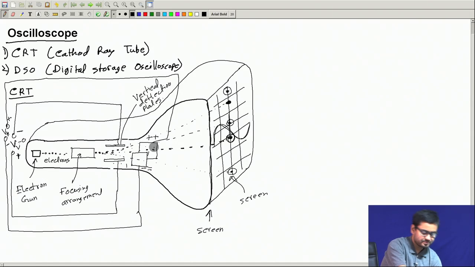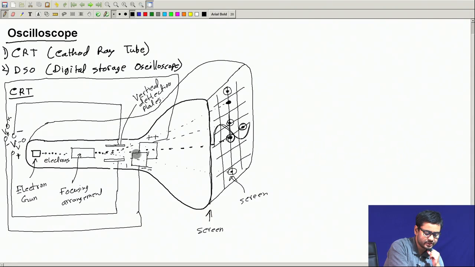Then when the electron is coming like this, when it comes between these two plates, it will get attracted by this plate which is farther from me, and therefore, the electron beam will hit here instead of hitting the center. It will hit here because it is attracted by this plate which is away from me.